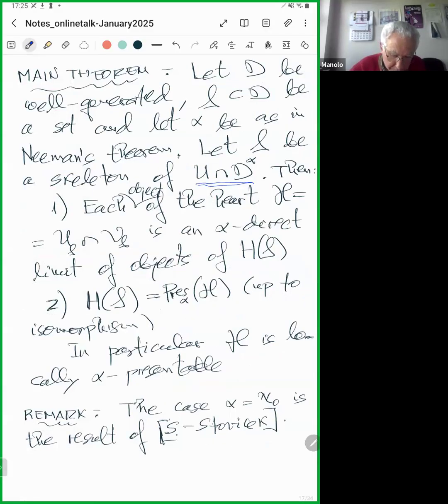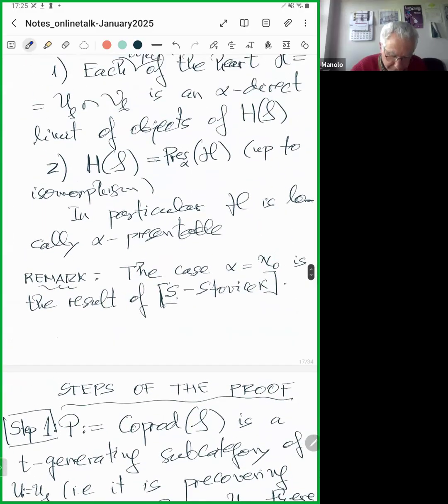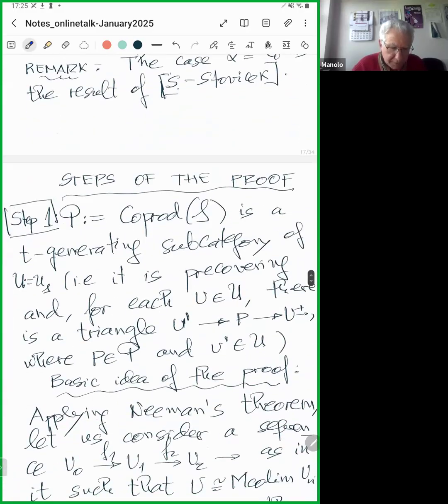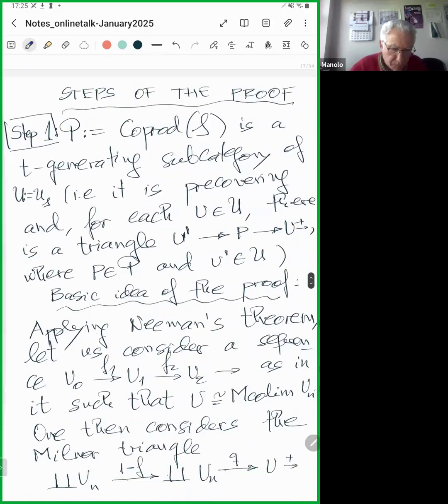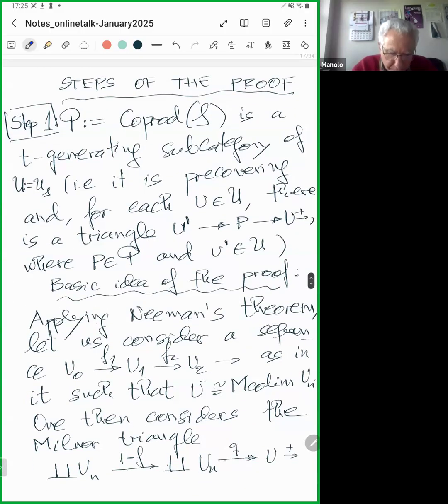And now we go to outline the proof. Steps of the proof. Step one says that if you take the coproducts of these, remember that S is a skeleton of the class of alpha compact objects in the I, then this is what is called a T-generating subcategory of U. What does it mean?